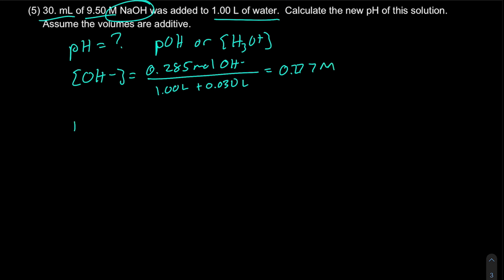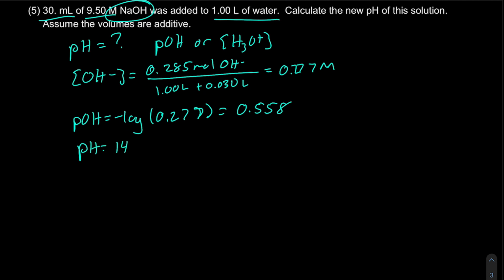Well, we could go ahead now and find our pOH, negative log of 0.277. And we would find that our pOH would be 0.558. So pretty low pOH, which makes sense because we have a lot of base. But our pH is going to be 14 minus our pOH, which will be 14 minus 0.558.